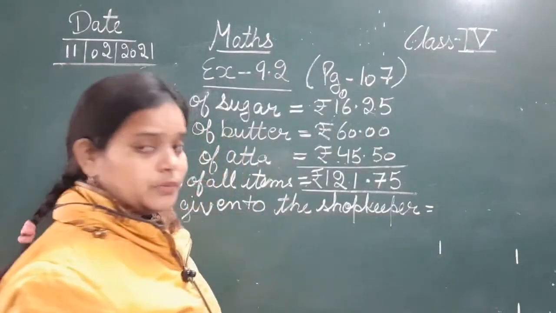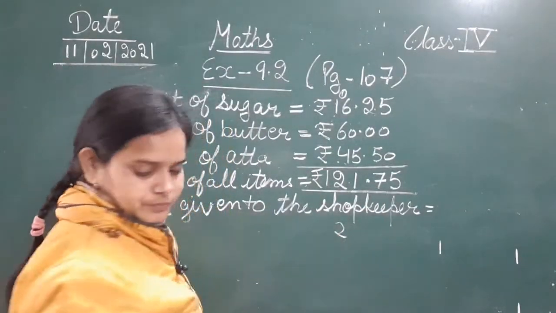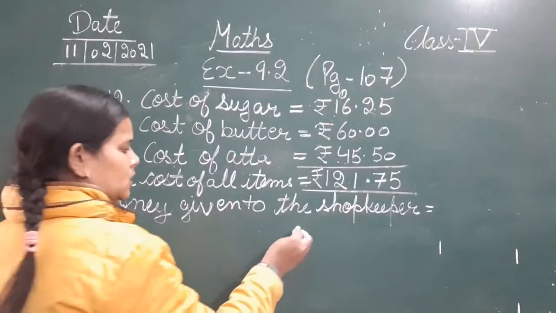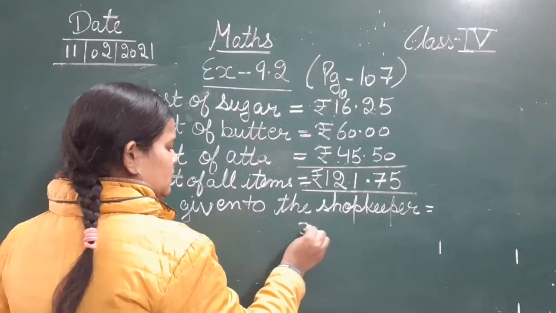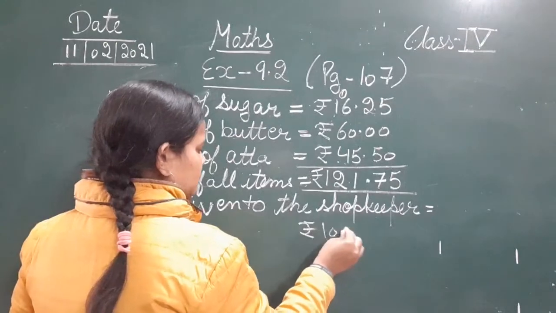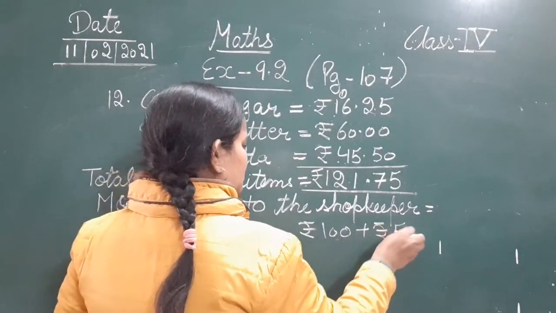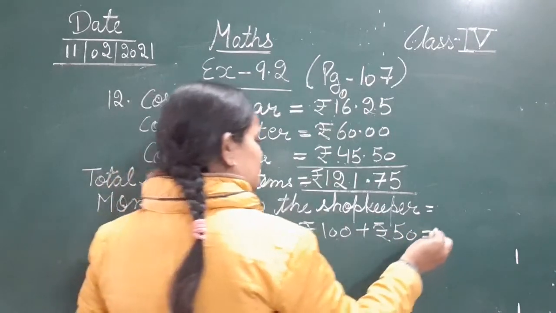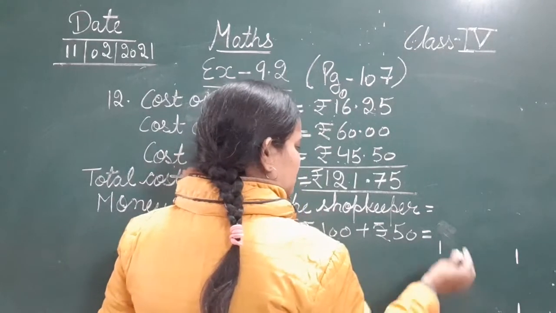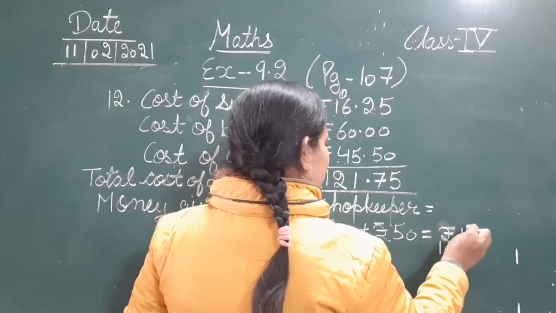The money given to the shopkeeper is rupees 100 plus rupees 50, that is equal to rupees 150.